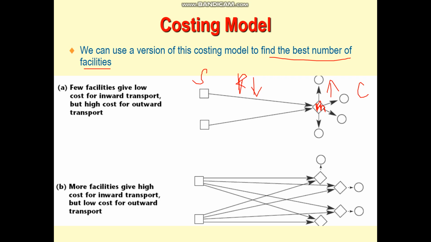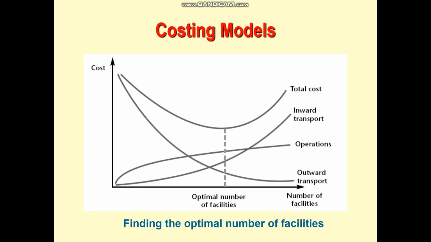However, if we have more facilities, the inward cost will increase and the outward transport cost will decrease. So our question is, how many facilities should we settle so that we can minimize the total cost? We can use the costing model to solve this problem.